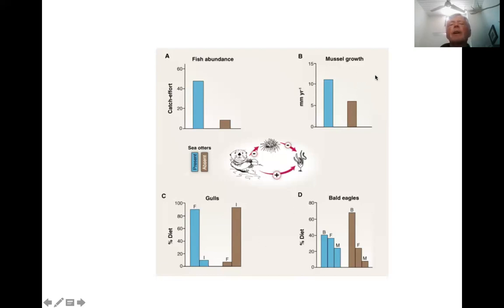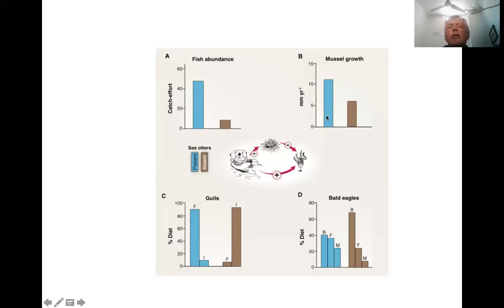The growth rate of mussels. So mussels are what we call filter feeders. They essentially filter organic particles from the water column, and those organic particles are produced by kelp as it breaks down and forms what we call detritus. So in the water where there is a lot of kelp, there's also a lot of these small organic particles of kelp and bacteria and other things that are all related to the production of kelp, and that fuels the growth of mussels.